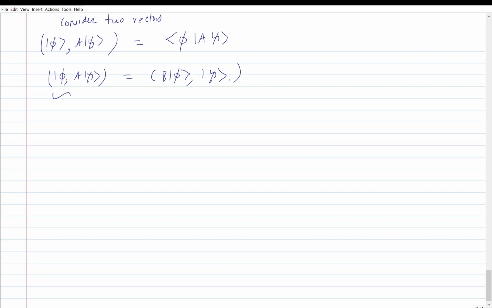Let an inner product where an operator is applied to the second element of this inner product be equal to some operator applied to the first element. I can ask what is B. Well, B turns out to be A dagger, which I call the Hermitian conjugate or adjoint.